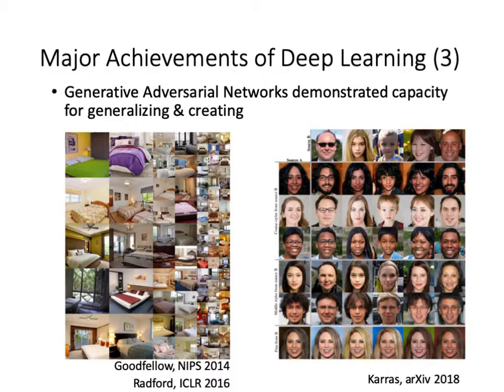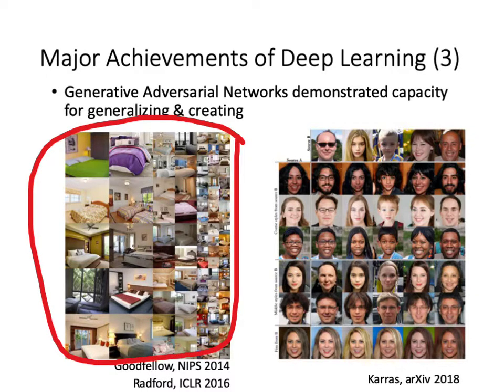So the first demonstration was the generation of bedroom images here, and these bedroom images are purely synthetic and they are not real. And of course, the faces within the middle here are all truly synthetic, being a fusion of the pair of faces here on the side. And this was achieved by a training algorithm known as generative adversarial networks.